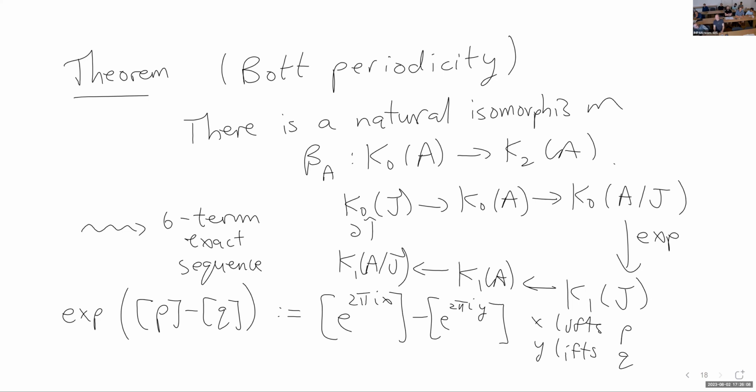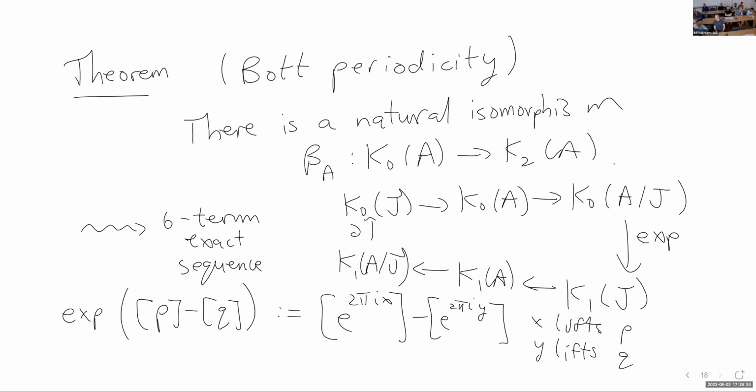Then you have negative K-theory. Only Bott periodicity allows you to define positive. It's not only a convention, it's something deeper here.